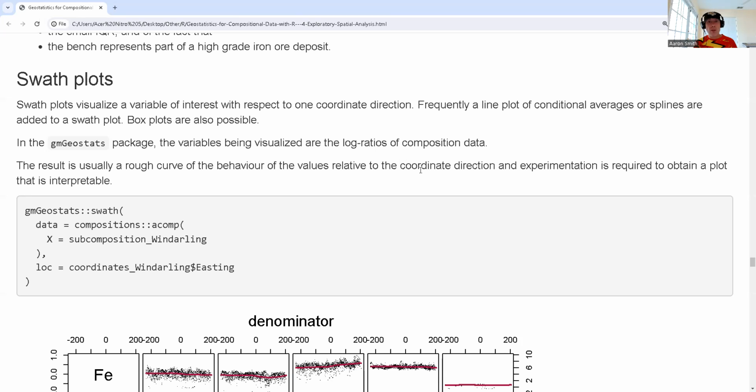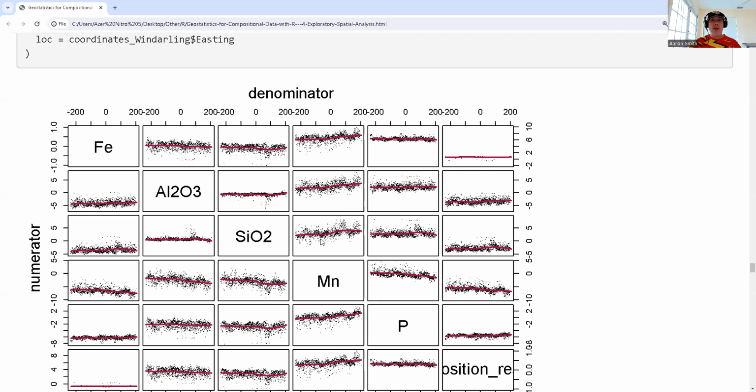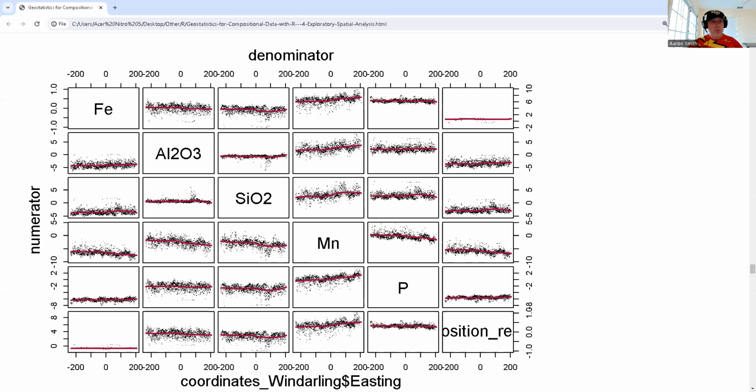All right, so anytime I'm going to be showing plots to my stakeholders, I'm going to play around with things for a while to get them as informative and easy to interpret as possible, and then I'm going to present my results. Here, this is the default setting going east to west in the coordinates, and we can see the lines going on. I'm not seeing anything really strong.